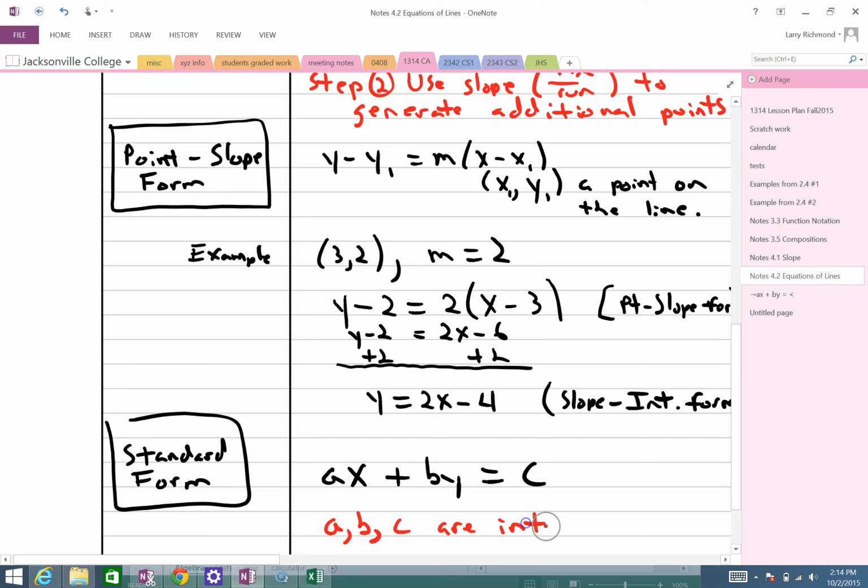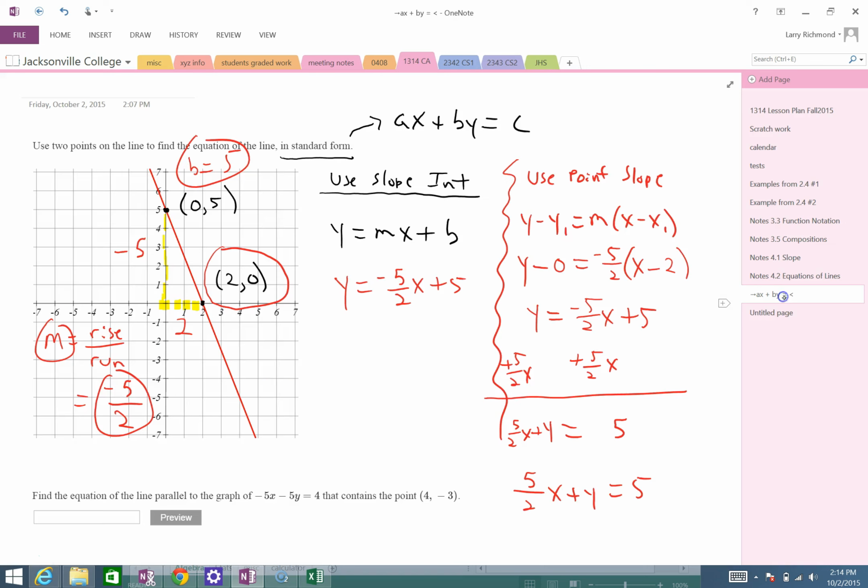That is, they are a positive or negative whole number. So if they aren't in that form, we're going to get them in that form by doing a little multiplication. So I want to eliminate this fraction. I'm simply going to multiply my whole equation times 2. 2 times 5 over 2 yields 5x. 2 times y is 2y. And 2 times 5 is 10. This is standard form.